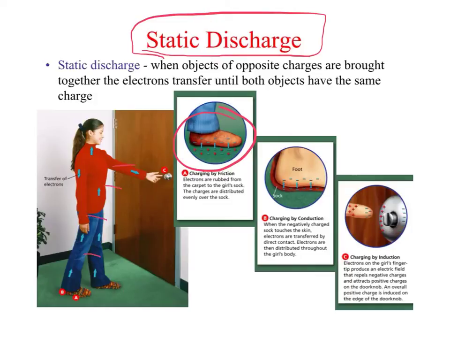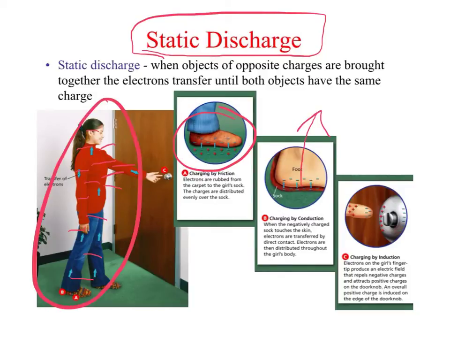And so I'm going to draw a bunch of negative charges on here because this girl rubbed her socks on the carpet and now she has a negative charge. Then, by conduction, those charges travel all the way throughout her body, and I already sort of drew that right here. And so, if she puts her finger close to a metal object, like a car door handle or a doorknob, by induction, her negatively charged body, which includes her finger, will push the negative charges on the doorknob.